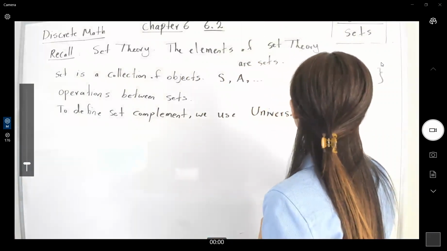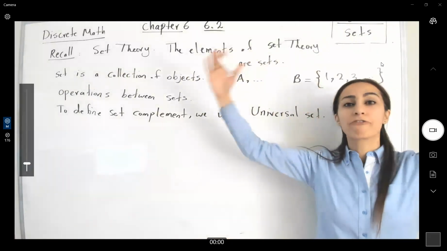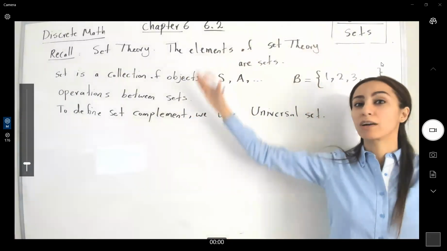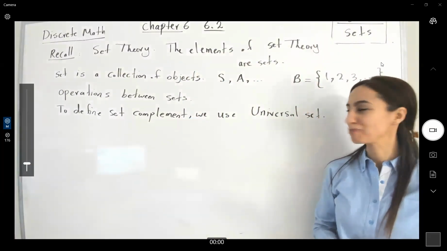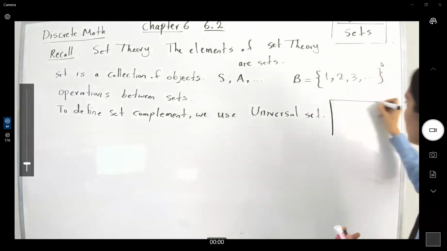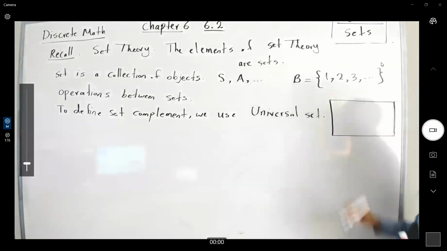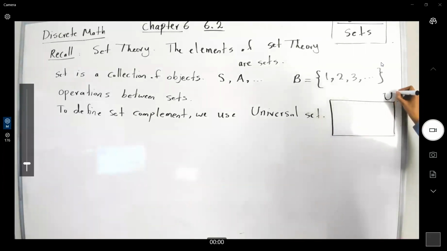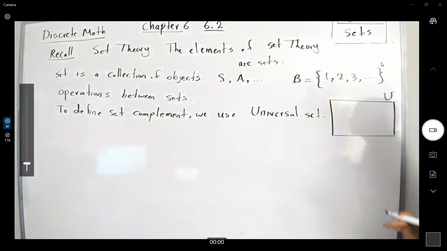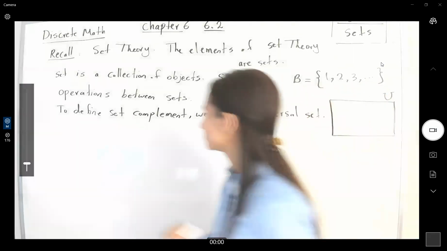In a sense, we try to give a framework to the collection of all sets. We usually represent the universal set by a rectangular shape and denote it by U. Inside the U, we have a lot of different sets.